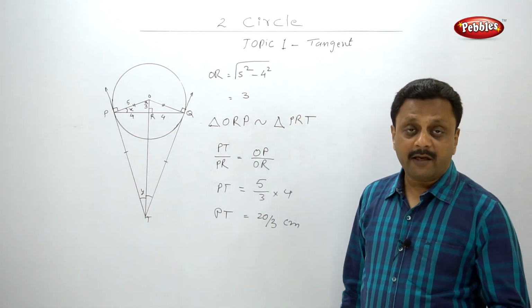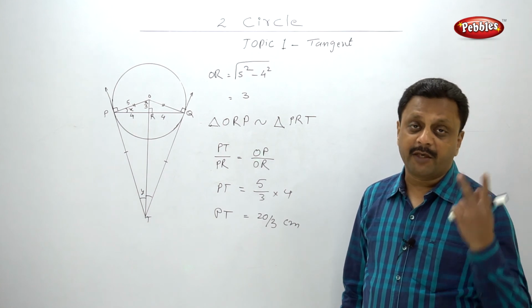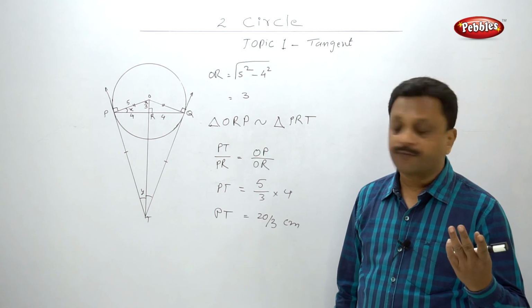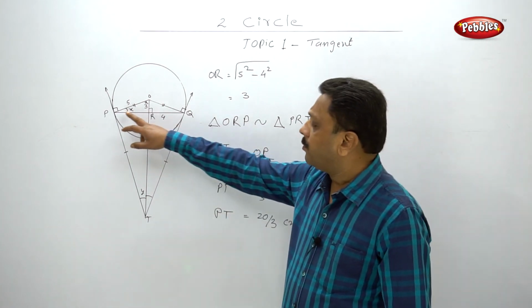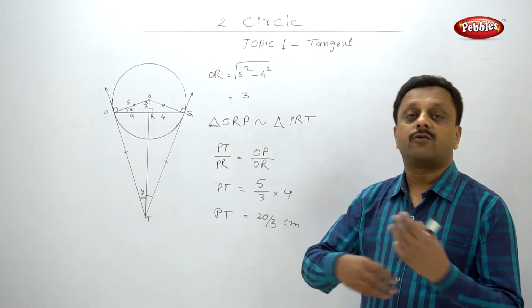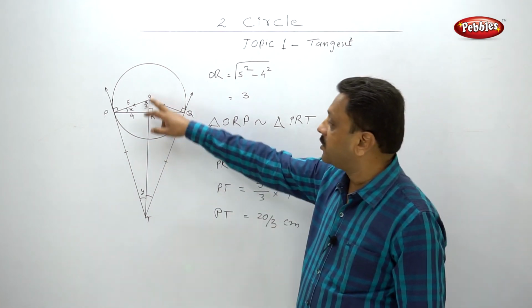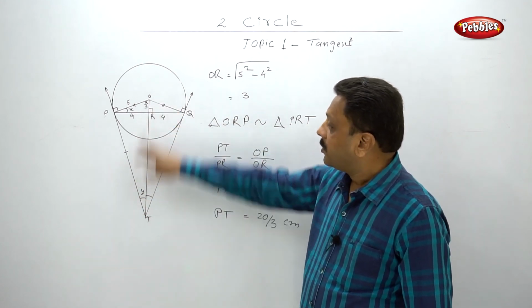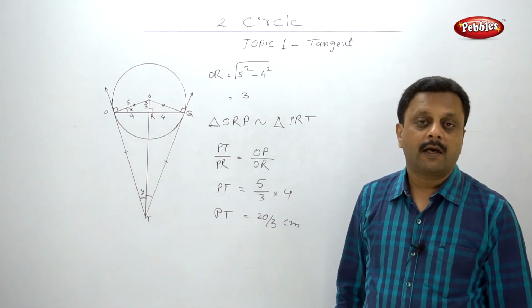But to make two triangles similar, I need minimum two angles similar, congruent. Okay, so how will I prove the angles congruent? So I went through the process. First I found out this, then this is right angle, then I proved these two angles are equal, and so on.